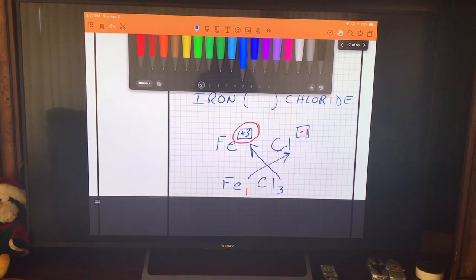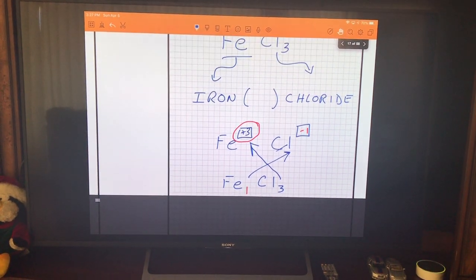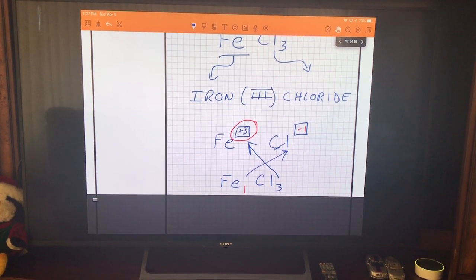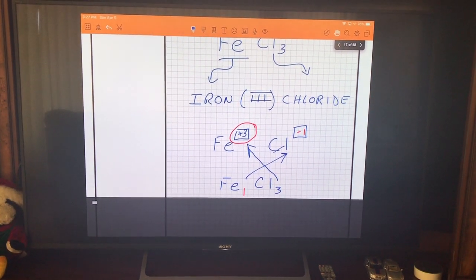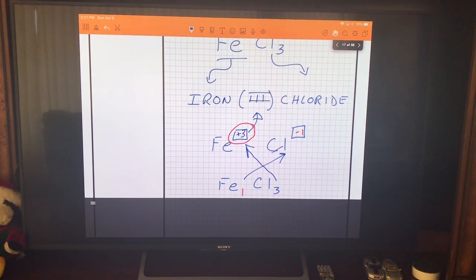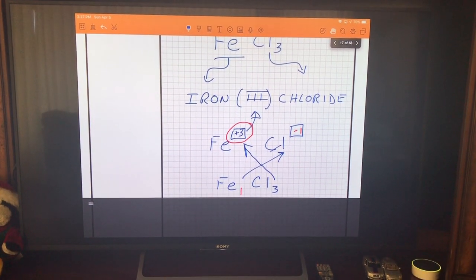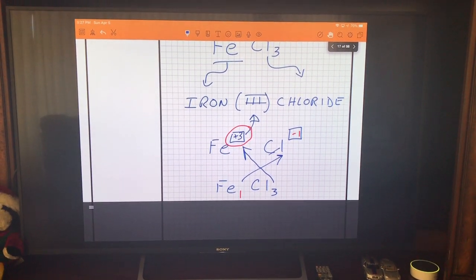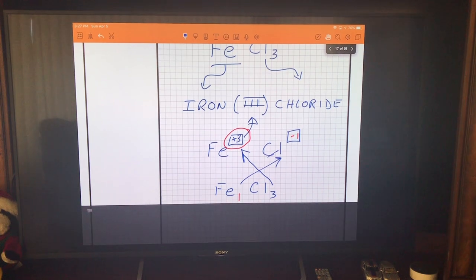So when we write that formula, we're going to include the 3 as a Roman numeral because that's the charge on the iron. So its formal name is iron(III) chloride. I've included some extra worksheet practice for you if you need to review those a little bit further.